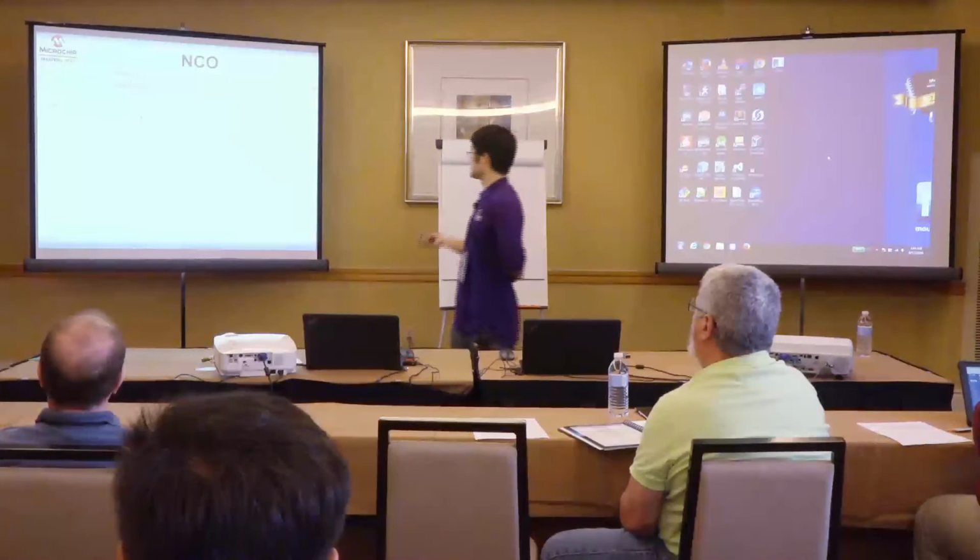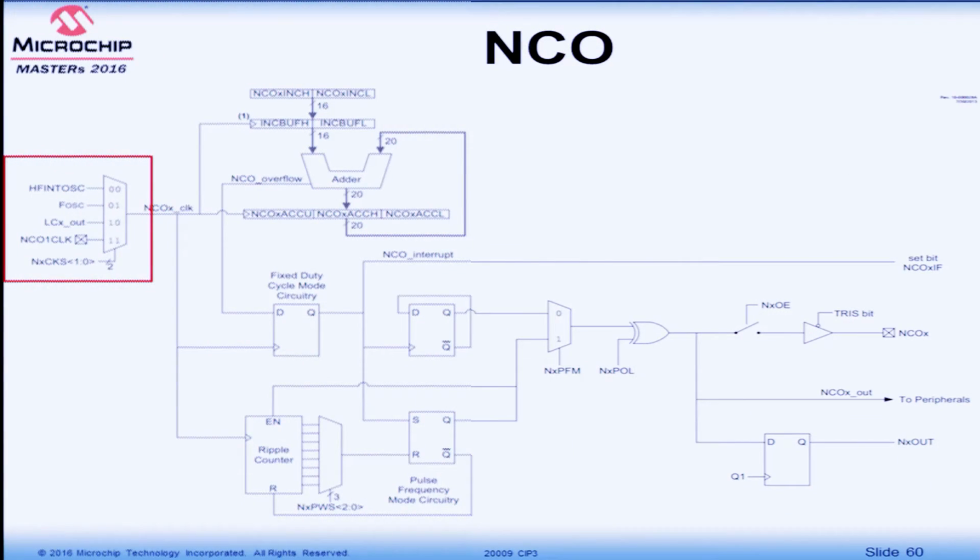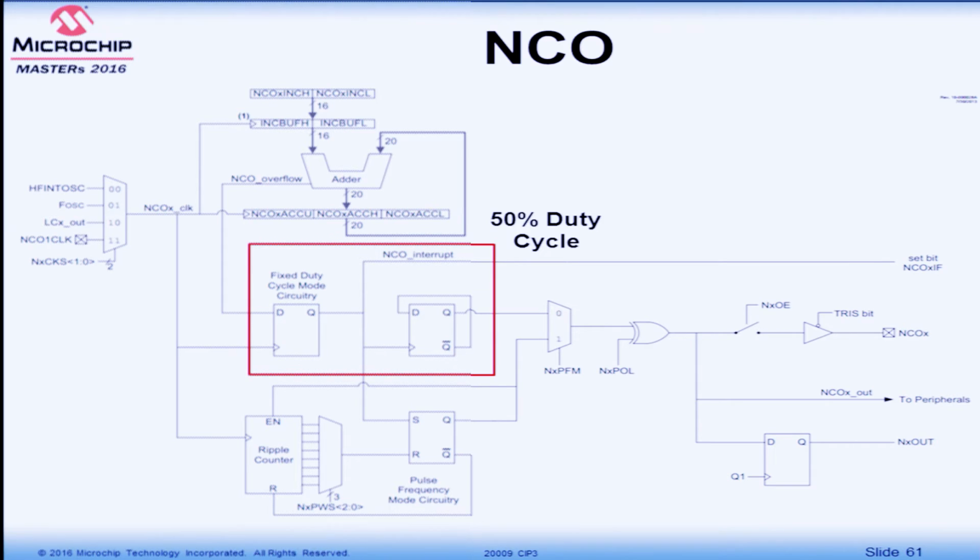Well, again, the internals of this guy, we don't care about this part. The first part is you pick a clock source for the NCO to start the counter. You have your counter and the 20-bit accumulator. Whenever your accumulator overflows, it will generate an output, right? Now, if we do the fixed duty cycle mode, which gives you a 50% duty cycle, we actually have a D flip-flop. This guy is just serving the purpose of dividing the frequency in half, so you get 50-50.